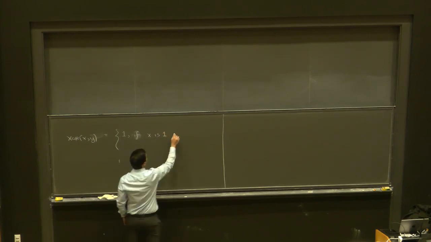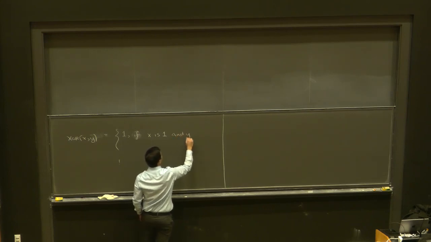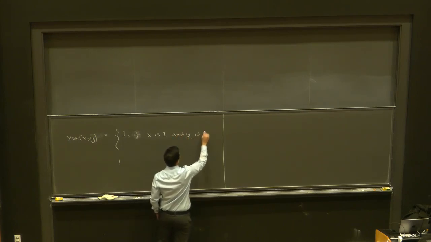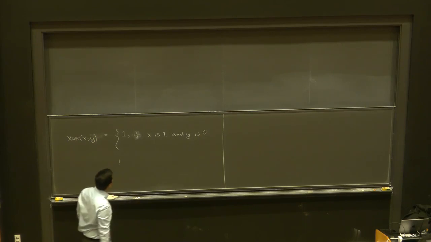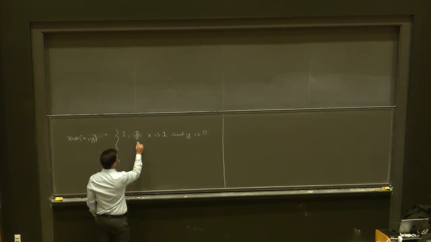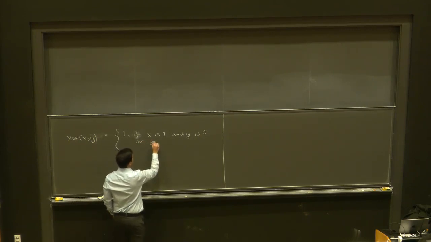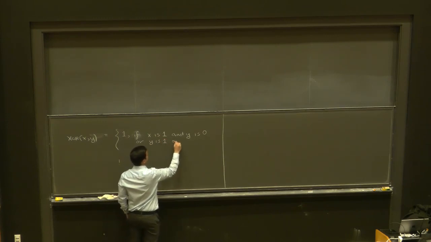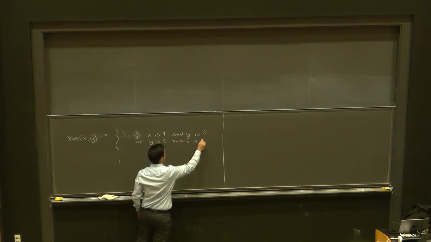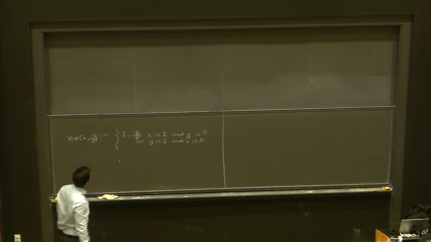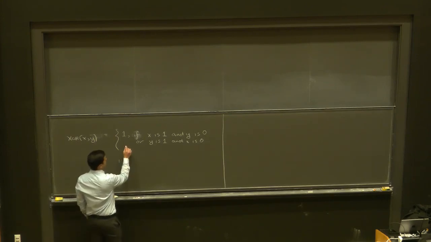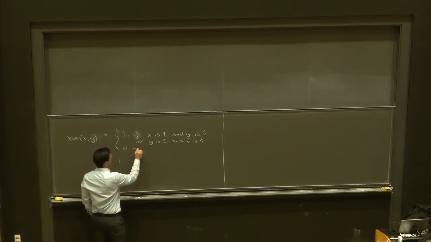So it's 1 if and only if x is 1 and y is 0, or y is 1 and x is 0, and it's 0 otherwise.